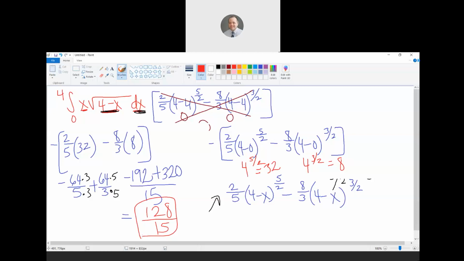Do you think that 4 minus x could have had something to do with it? Oh, definitely. Especially since the upper limit was 4. Right. If it had been 4 minus x, then we would have gotten something. Actually, I don't know. It might have come out the same. I'm not sure. If the upper limit had been 5, it would have come out different.